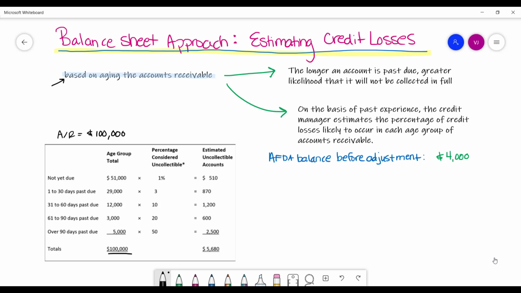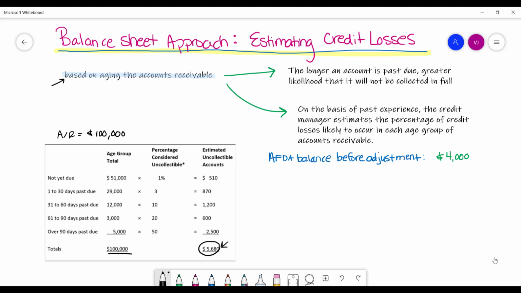And 50%, or half, of the $5,000 that is over 90 days past due is $2,500. We add together all the dollar amounts of each age group that we expect will never be collected, and here it adds up to $5,680. So that is, at the end of December for this example, how much of the total $100,000 we estimate will never be collected.